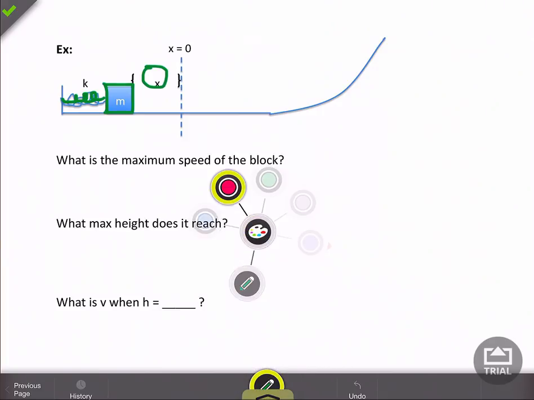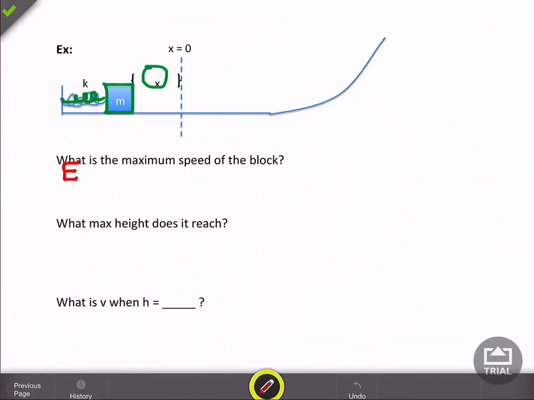I'm going to think about this in terms of energy. Total energy of our system is conserved. So our total initial energy is going to equal our total final energy. Initially, this mass is compressed and not moving and on the ground. So we are starting only with gravitational potential energy.